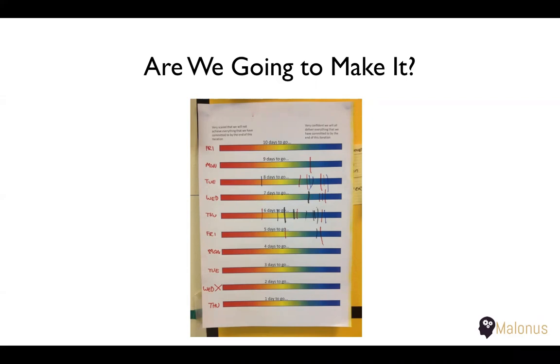Burn down charts are based on the story points, and sometimes the stories are big, and at that point of time, you don't really know what is going on in the team. So if you look at both of these scenarios, whether the burn down chart or the burn down chart based on the hours, the thing which people are looking at is, are we going to make it in the sprint?